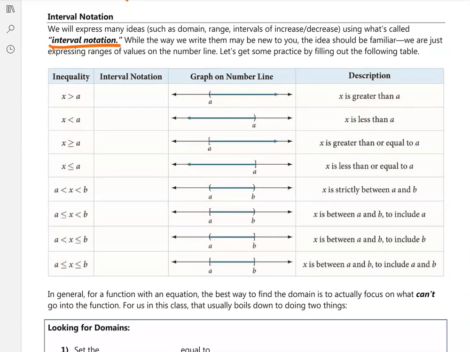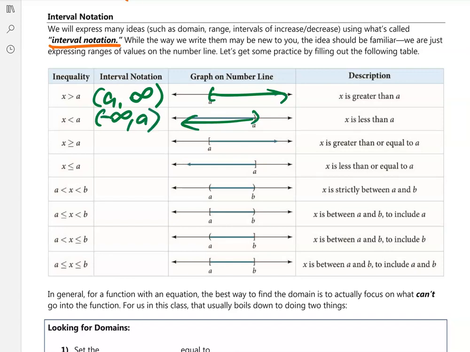X is greater than a, on a number line that is from a and above, not including a. So using interval notation, using parentheses, from a to positive infinity. X less than a, everything below a, to the left of a, so that is from negative infinity to a.